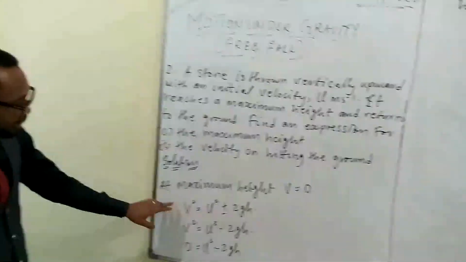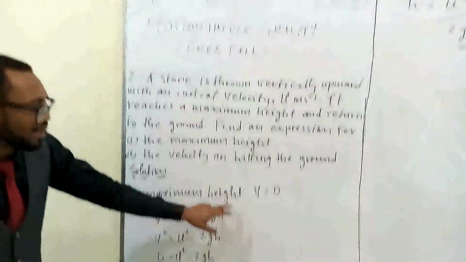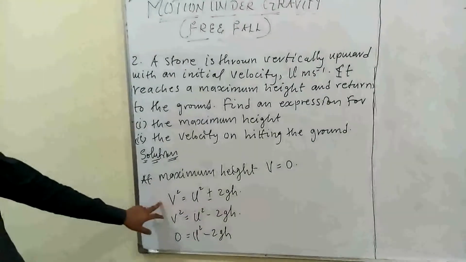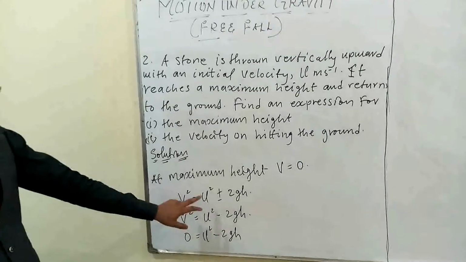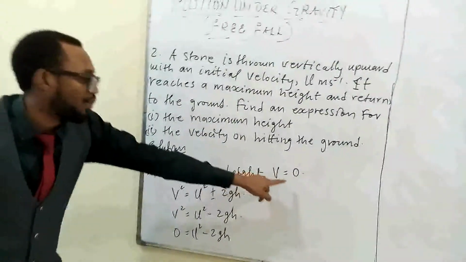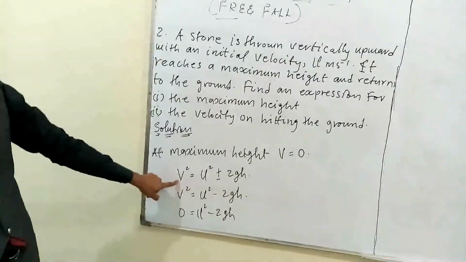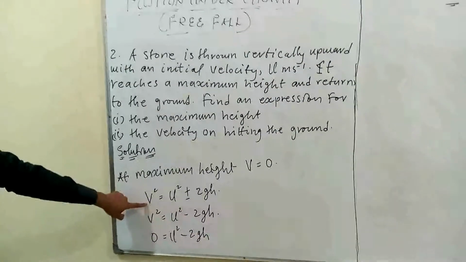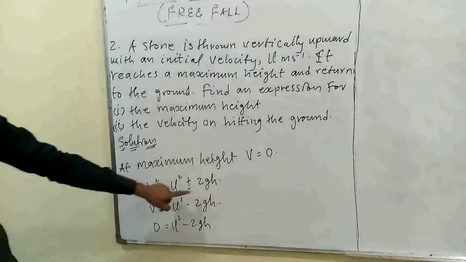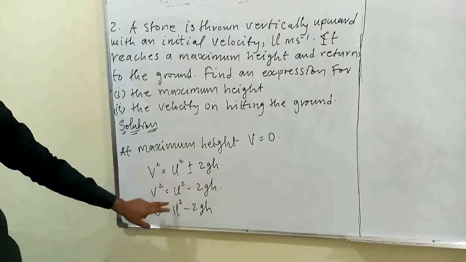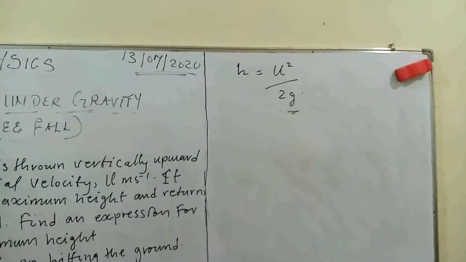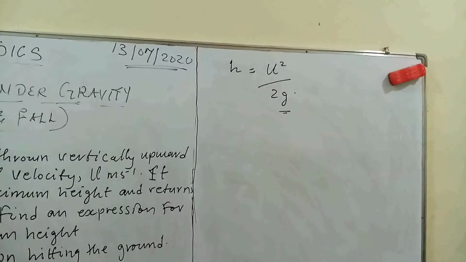But before that, at maximum height V is equal to 0, and the suitable equation is v squared equals u squared plus 2gh. Since final velocity is 0, we make h the subject of the formula, and that's what we have on the board. h equals u squared over 2g.